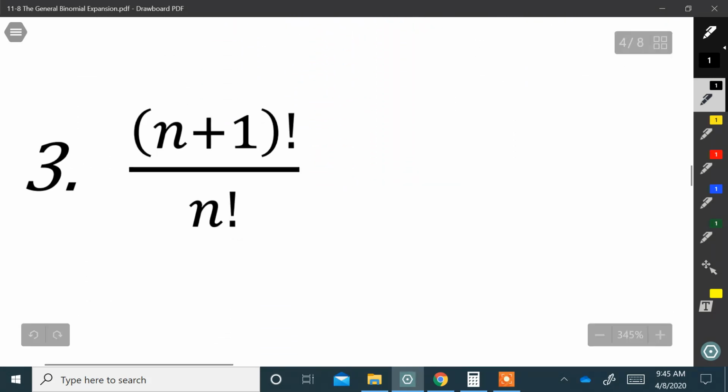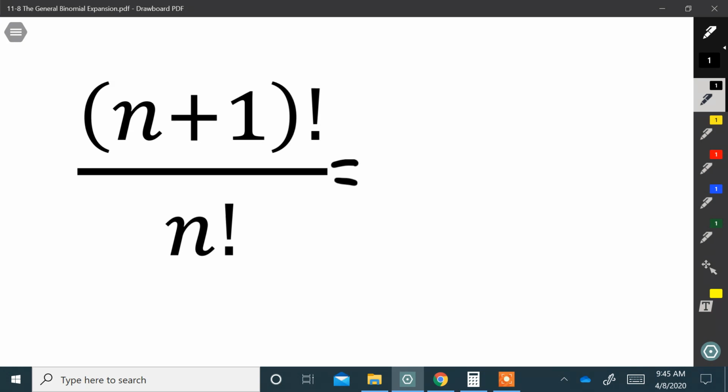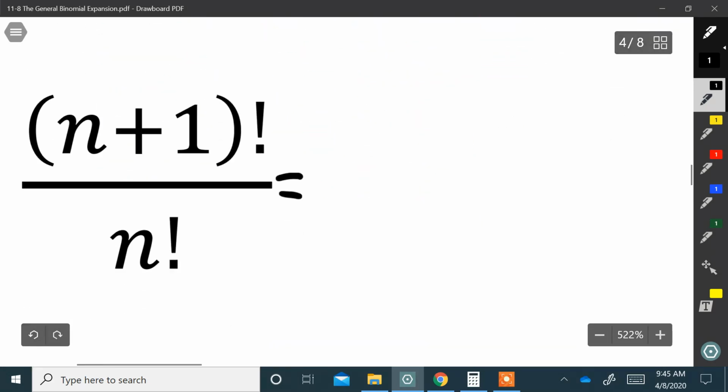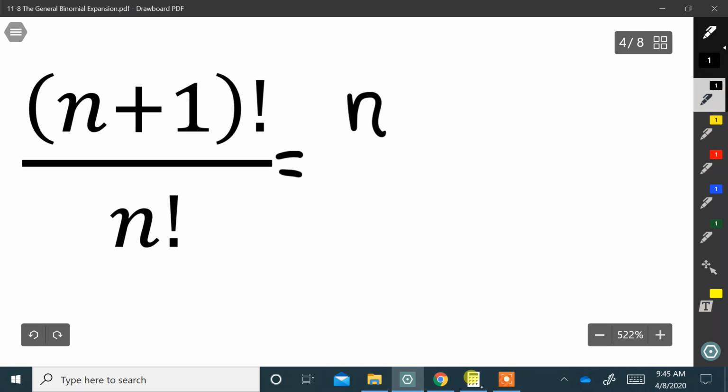That's very simple. This is the problem that I wanted to concentrate on. These ones are pretty easy as well, but as you can see, the numbers decrease when you're doing factorial. The same thing is going to happen here. We're going to have n plus 1 as the starting number.